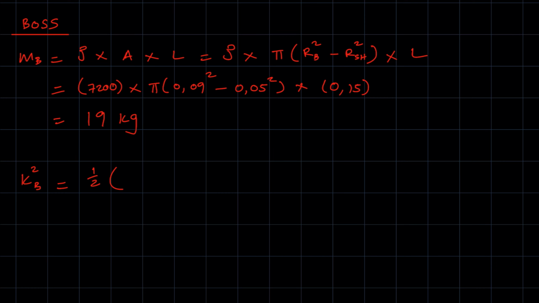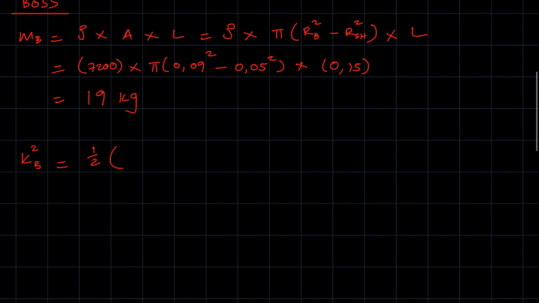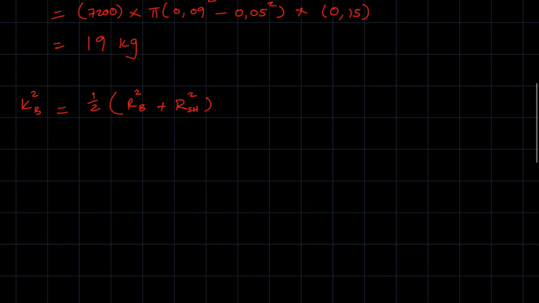For the radius of gyration we essentially use the same thing, but we're going to add. So this will be half of the radius of the boss squared plus the radius of the shaft squared. That is how you calculate the radius of gyration of the boss.